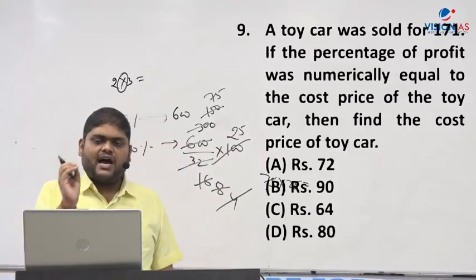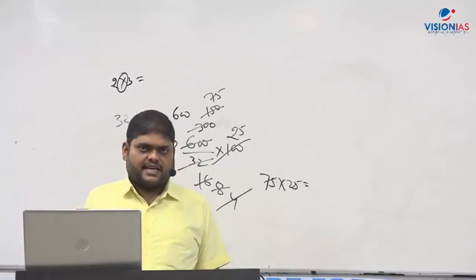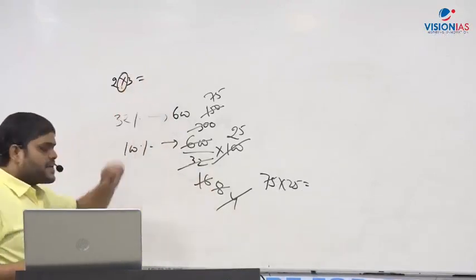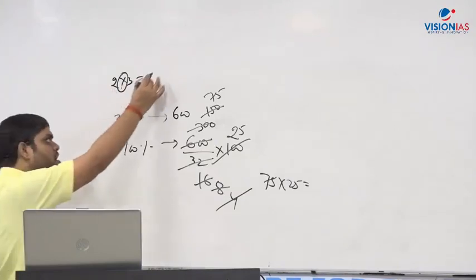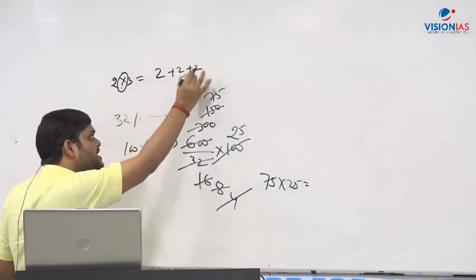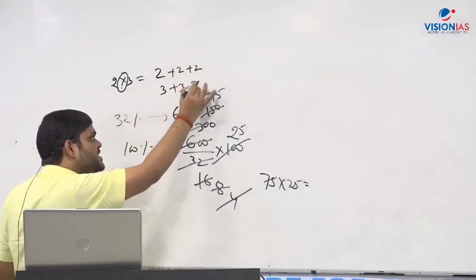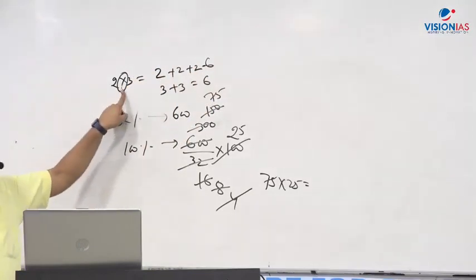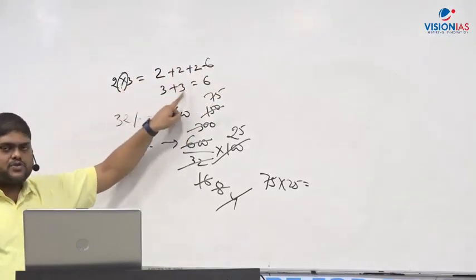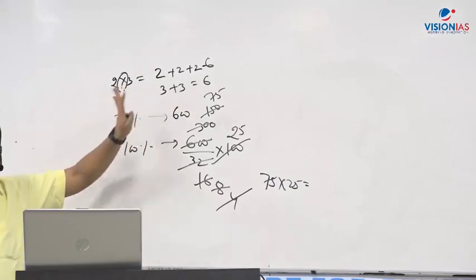So 2 into 3 multiplication means you are adding 2 into 3 times, or 3 into 2 times. This is the basic meaning.